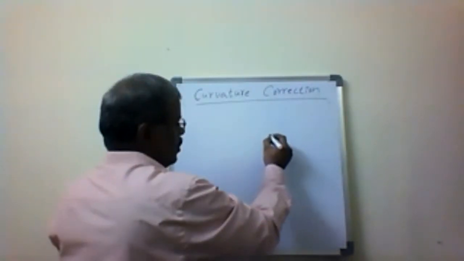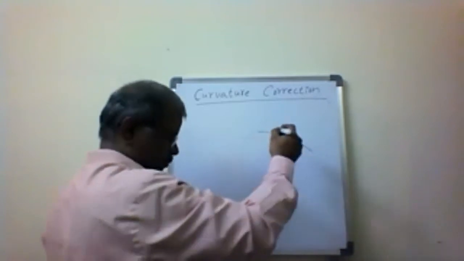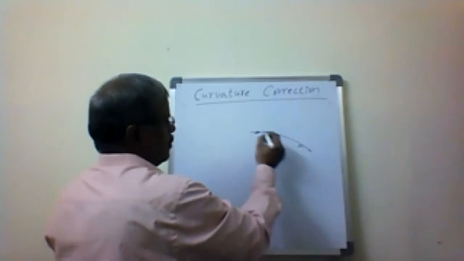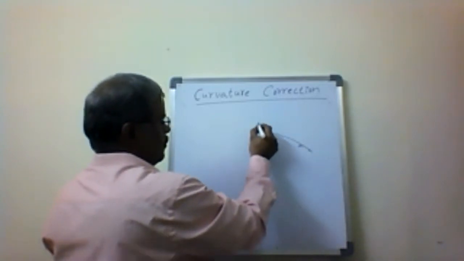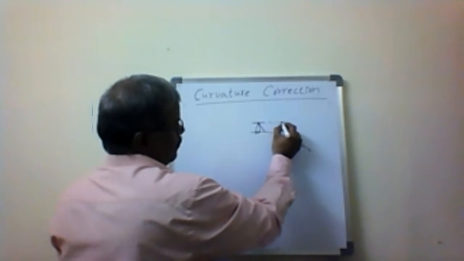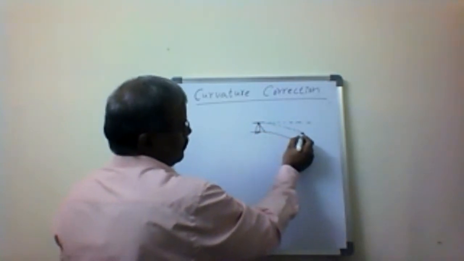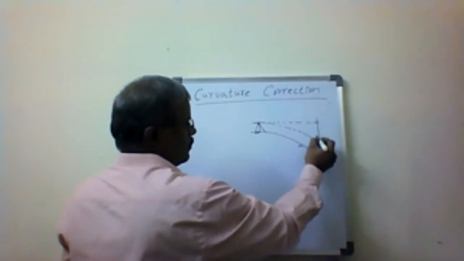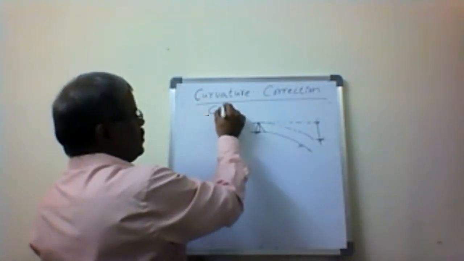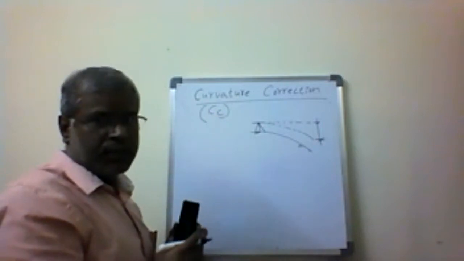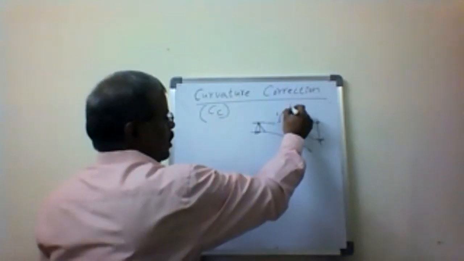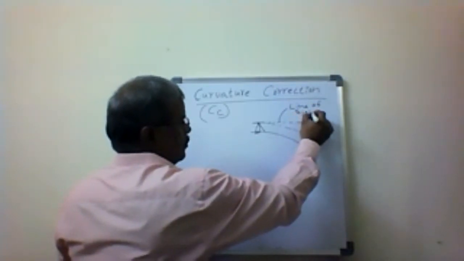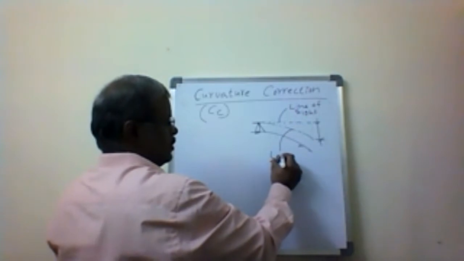So this is a line. Curvature correction is going to give us CC. This is called the line of sight, and this is called the level line.